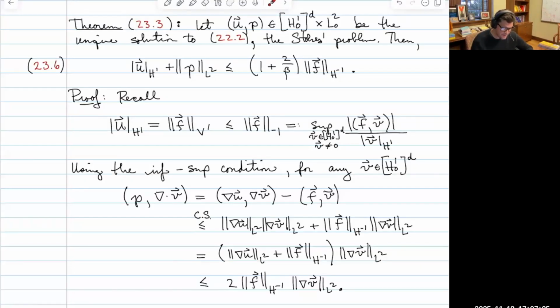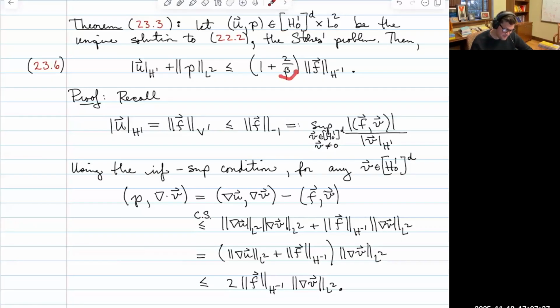Notice what appears in this problem. So beta is not really data of the problem. Beta is the structural relationship between, on one hand, that continuous bilinear form B, and then the space for our velocity solution and the space for our pressure solution.